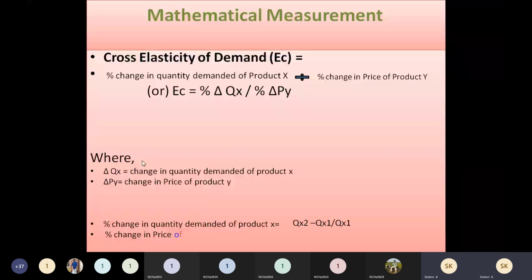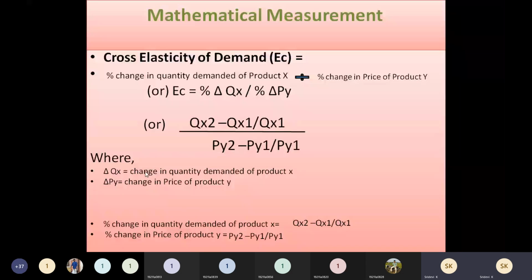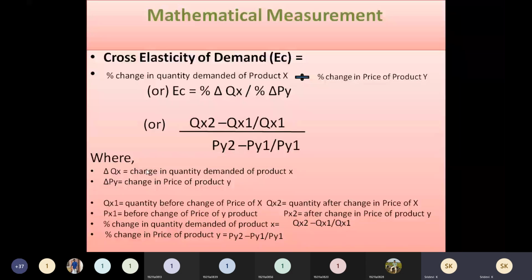Before change, you take it as first price. So we can simplify this formula: QX2 minus QX1 divided by PY2 minus PY1 into PY1 divided by QX1. Okay.